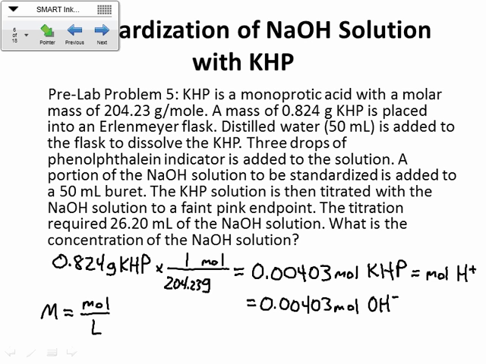So we have 0.00403 moles divided by, and here's where you have to be a little bit careful, 26.20 milliliters, and on this one you do have to change it to liters in order for it to work. So you just divide that by 1,000, giving 0.02620 liters. And we work that out.